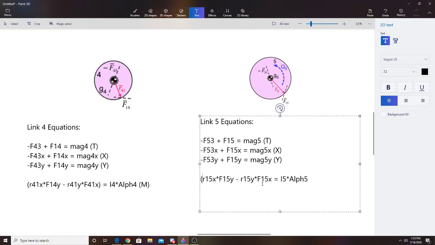And let me parentheses these off. But I missed something, as per usual. There is a plus Q here, plus Q5, right?